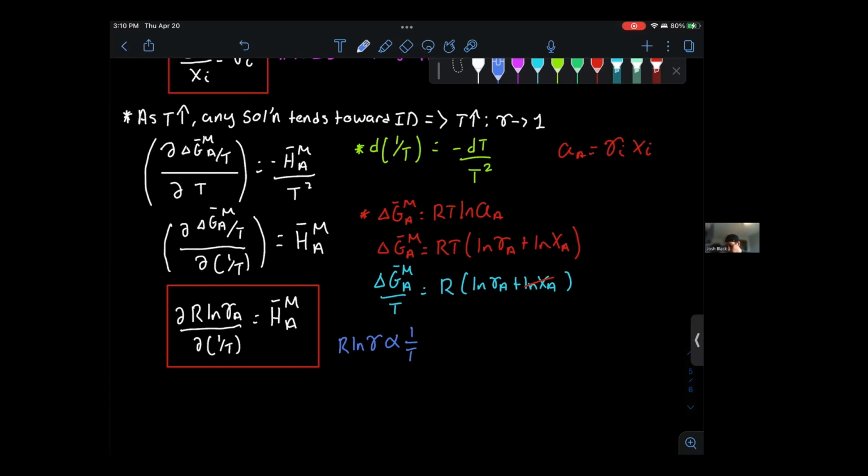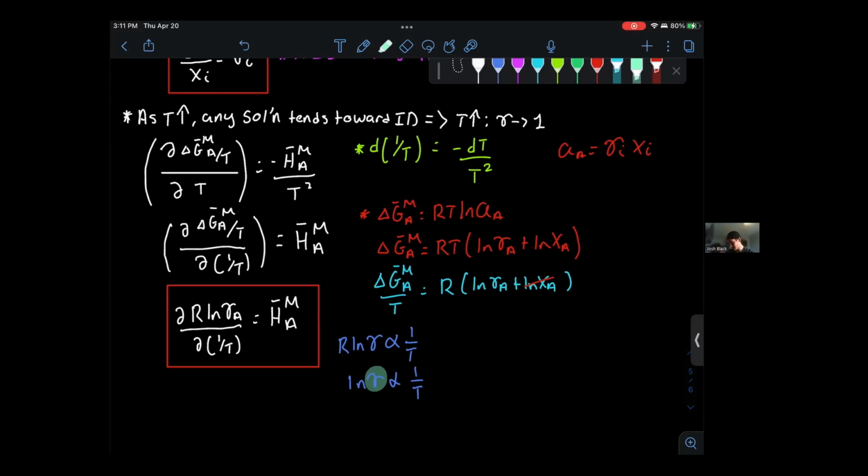What this means is as we increase our temperature, our R ln gamma term is going to decrease. We can even take this R out. Ln of gamma is proportional to the inverse of our temperature. So as we increase our T, this term is going to get closer and closer to 0, or rather, closer and closer to what makes the natural logarithm 0, which is 1.